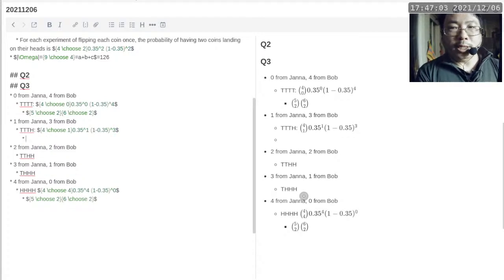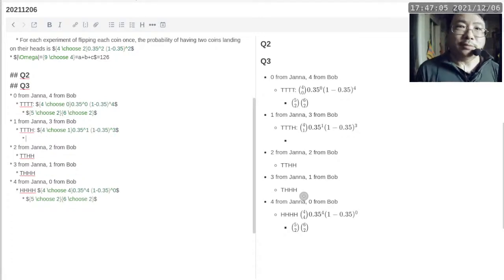But when it comes to the counting part, man, that gets a little bit dirty this time, because this time we have 2 distinct possibilities. This one has 1 coming from Jana. We can say, what if Jana is contributing 0 of the red marbles, and then Bob is contributing both of the red marbles?